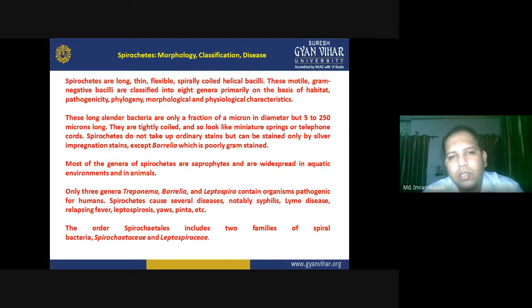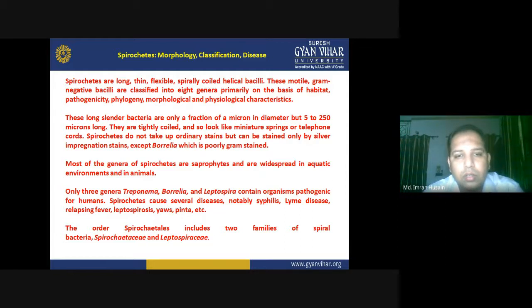These long slender bacteria are only a fraction of a micron in diameter but 5 to 250 microns long. They are tightly coiled, like miniature springs or telephone cords.